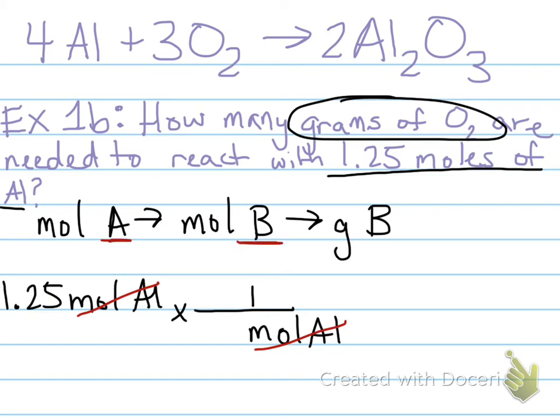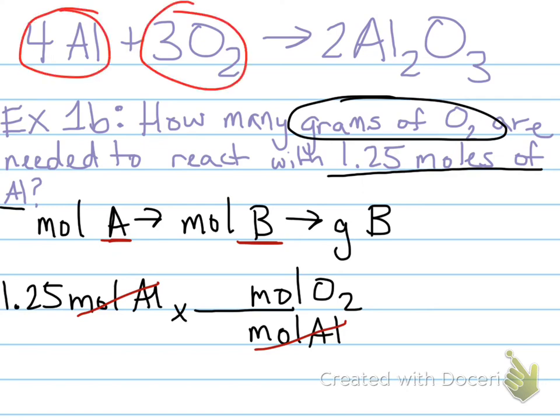So now we need to figure out how many moles of aluminum for how many moles of oxygen. Well, again, just look at our chemical equation. Here's aluminum, here's oxygen. For every 4 moles of aluminum, we have 3 moles of oxygen. So we'll have 3 moles of oxygen per 4 moles of aluminum.